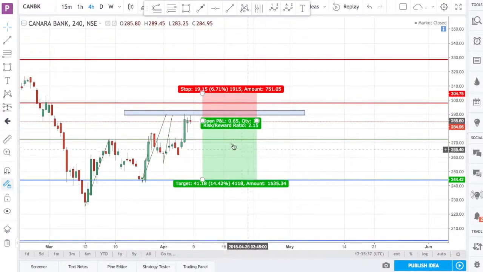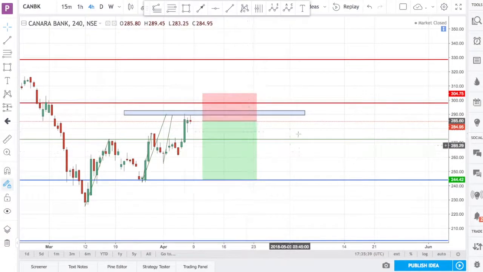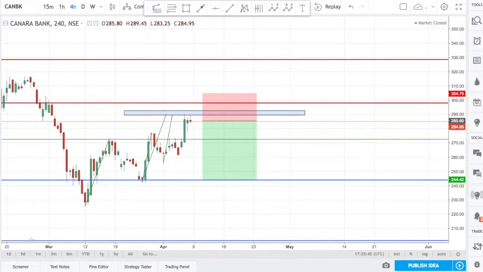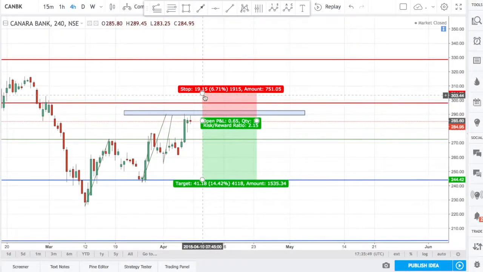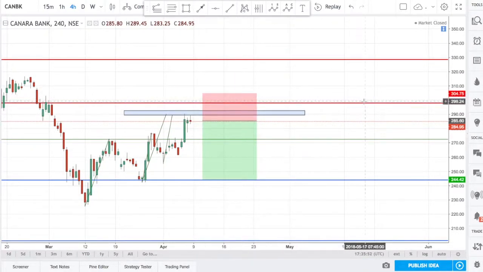Assuming the market opens somewhere here in the next trading session, this would be our target area and this would be our stop loss area.